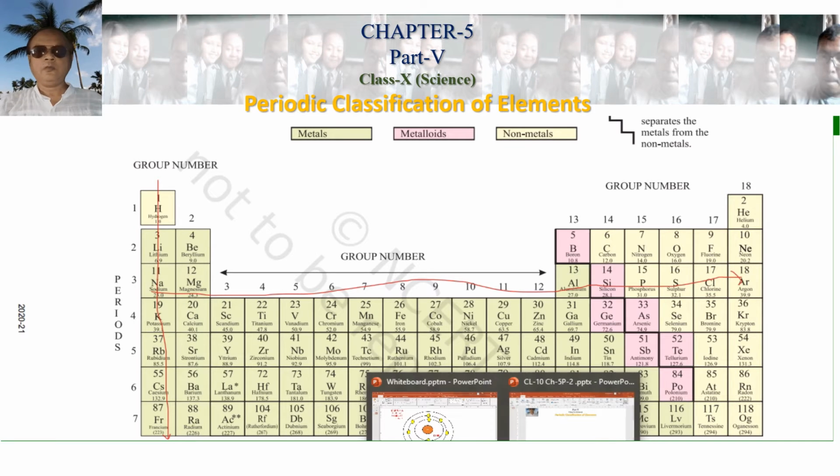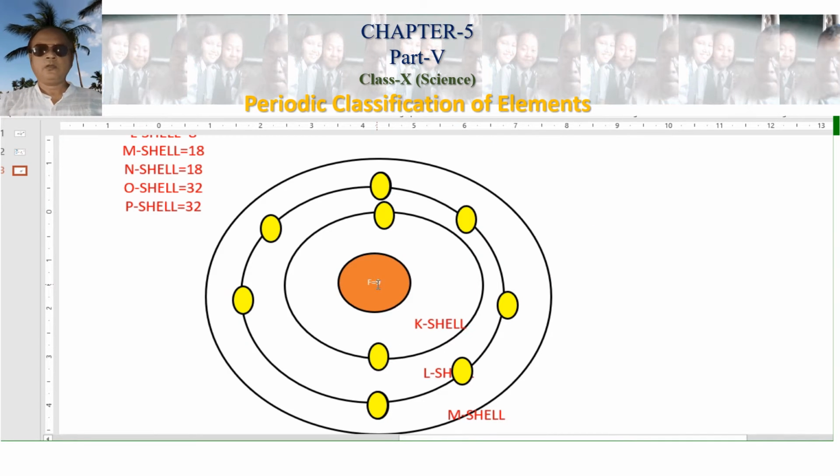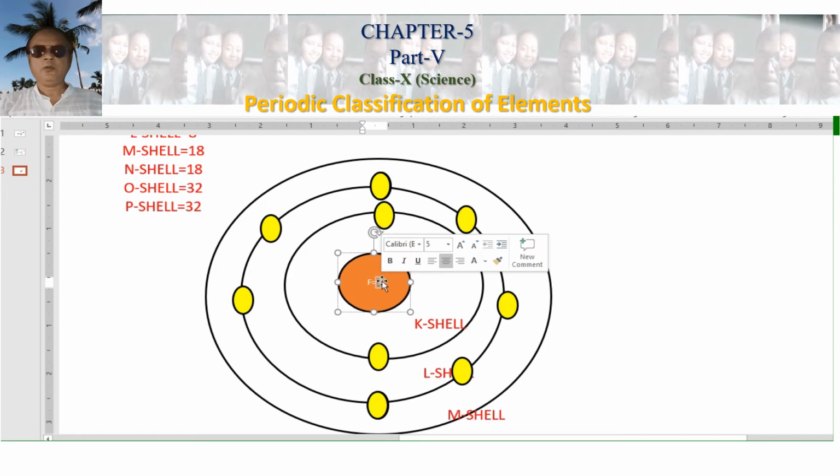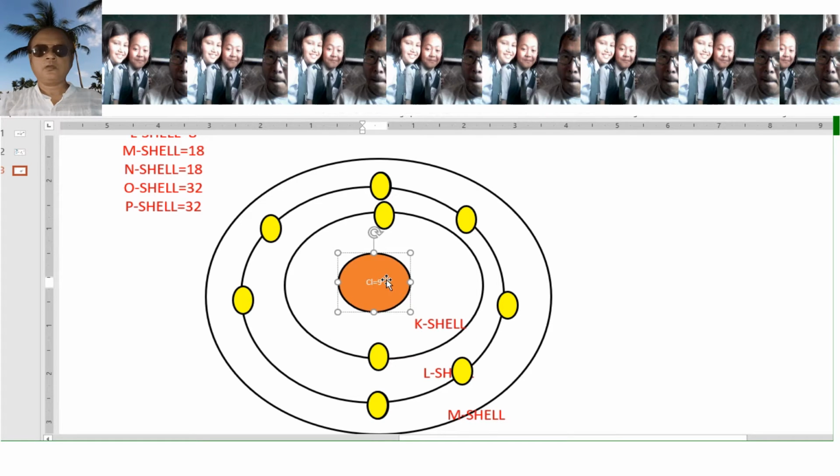Now let us consider chlorine. Its atomic number is 17.